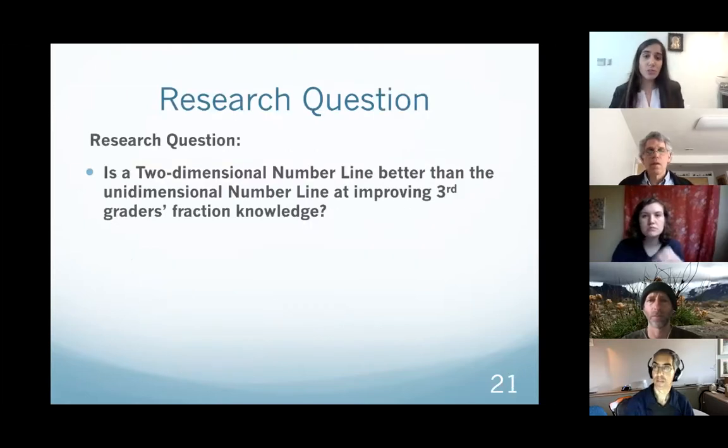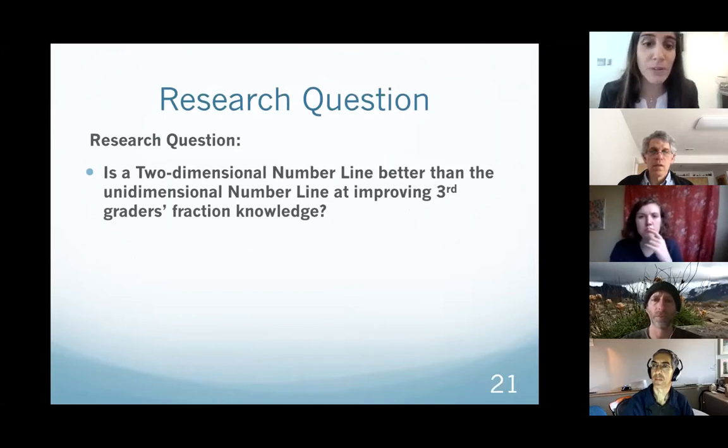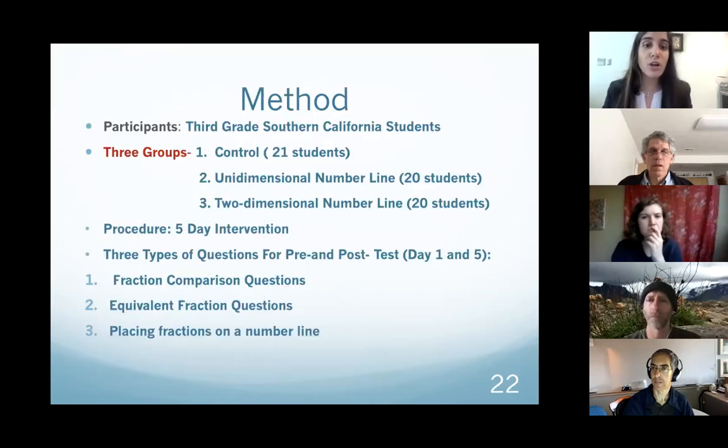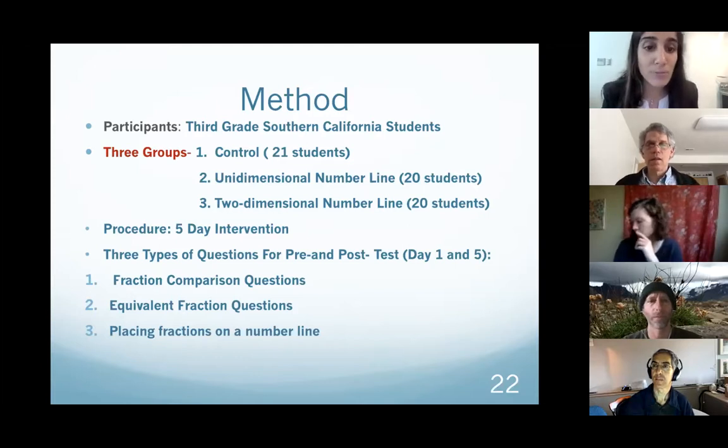So the research question is: is a two-dimensional number line better than the unidimensional number line at improving third graders' fraction knowledge? I used third graders because third grade is basically the first time they get more introduced to number lines and number lines with fractions, before it's all part-whole.